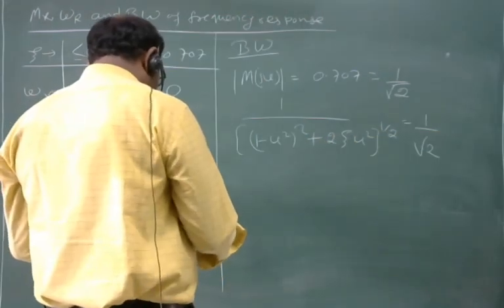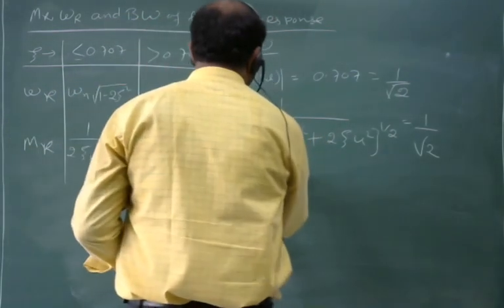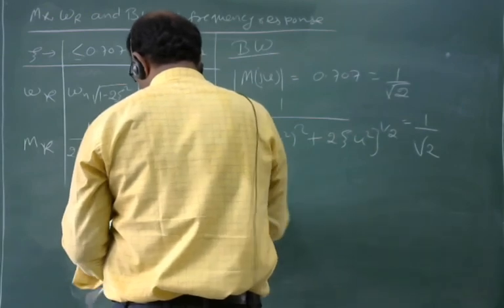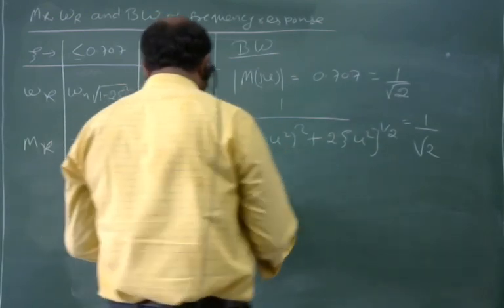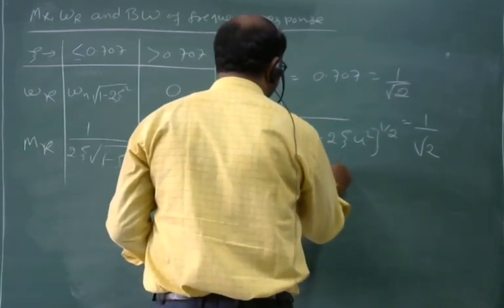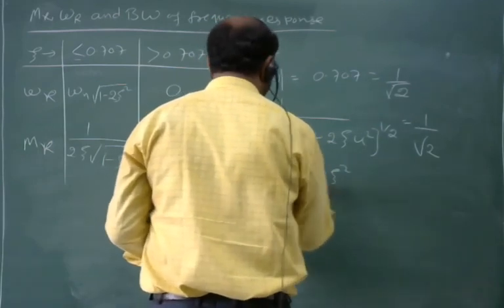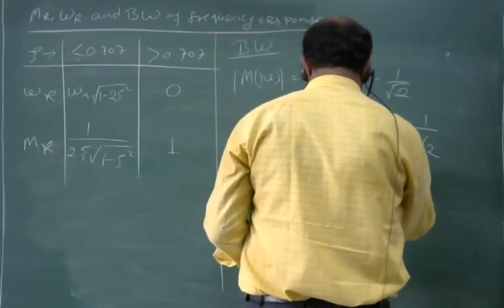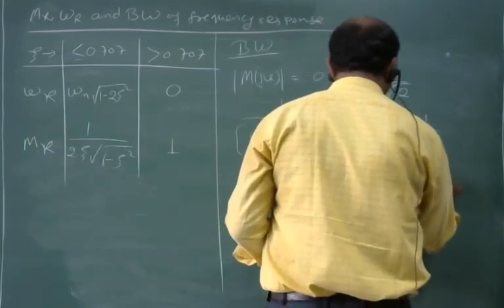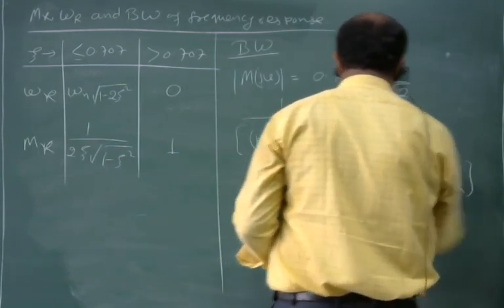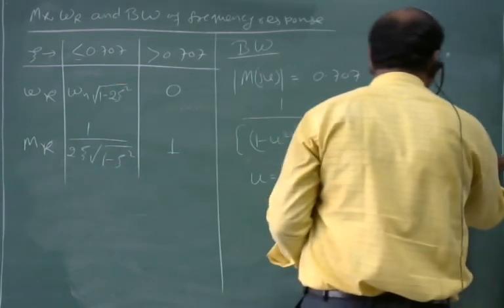On solving this, we get u is equal to 1 minus 2 zeta square plus under root 4 zeta 4 minus 4 zeta square plus 2, whole power 1 by 2.